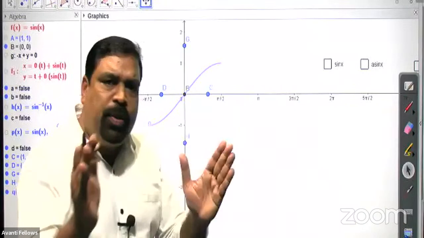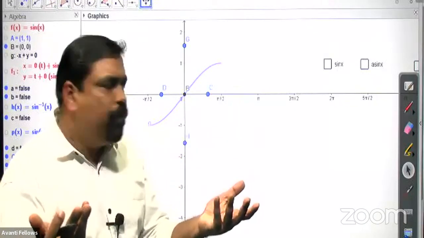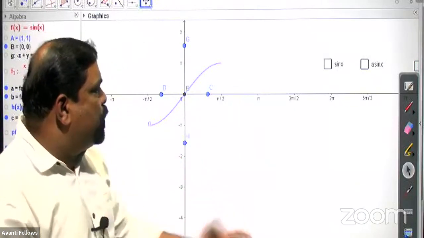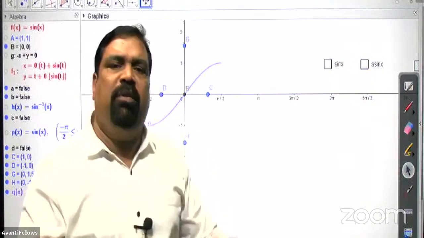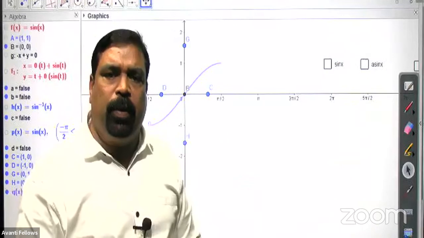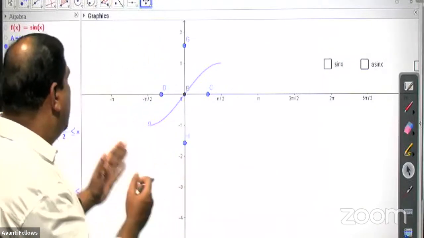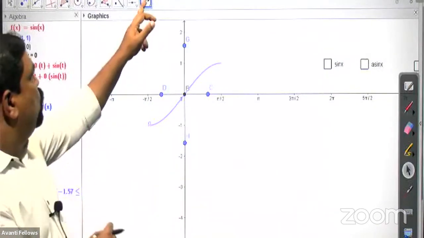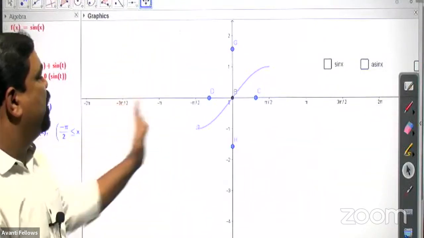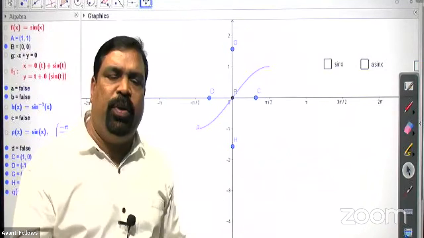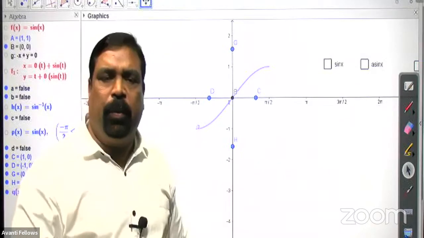In that interval also, it will be 1-1 and on-to. Otherwise we can choose 3 pi by 2 to 5 pi by 2, or minus 3 pi by 2 to minus pi by 2. In those intervals also, it will again be 1-1 and on-to.